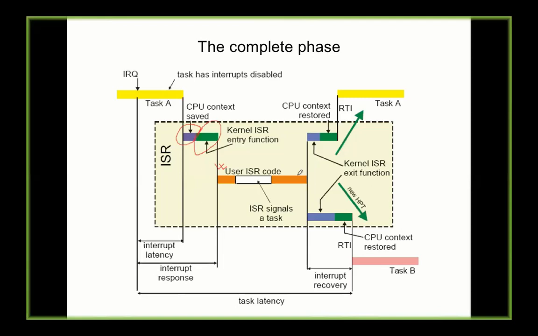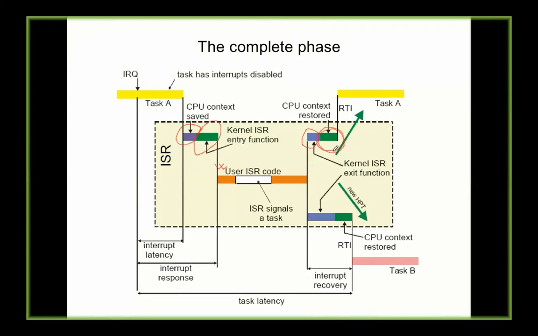So while you have a non-preemptive kernel, the interrupt recovery is referred to as the amount of time the kernel takes to perform the exit activity from the kernel ISR, and then the amount of time it takes to restore the previous context of the task, the CPU context of the task.